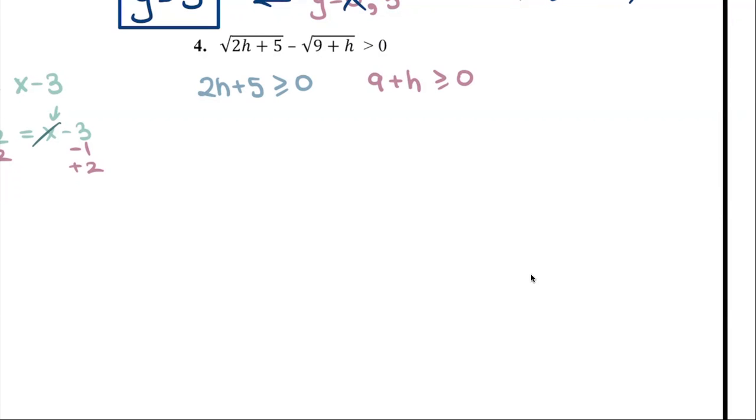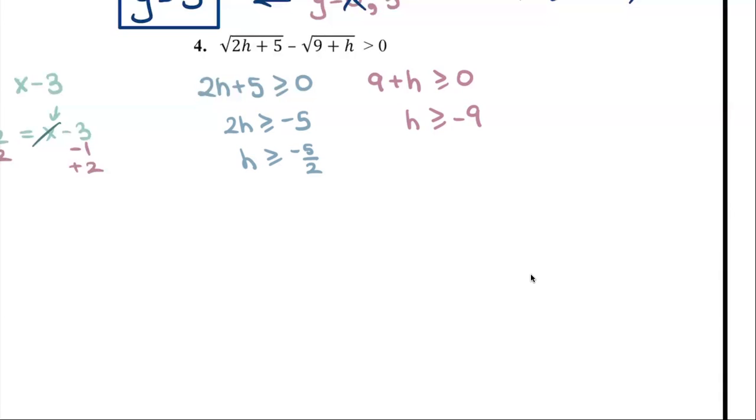So let's solve for that. And I get h needs to be greater than or equal to negative 5 over 2, and h has to be greater than or equal to negative 9. All right, so that's my first step. Make sure any radicals are non-negative.